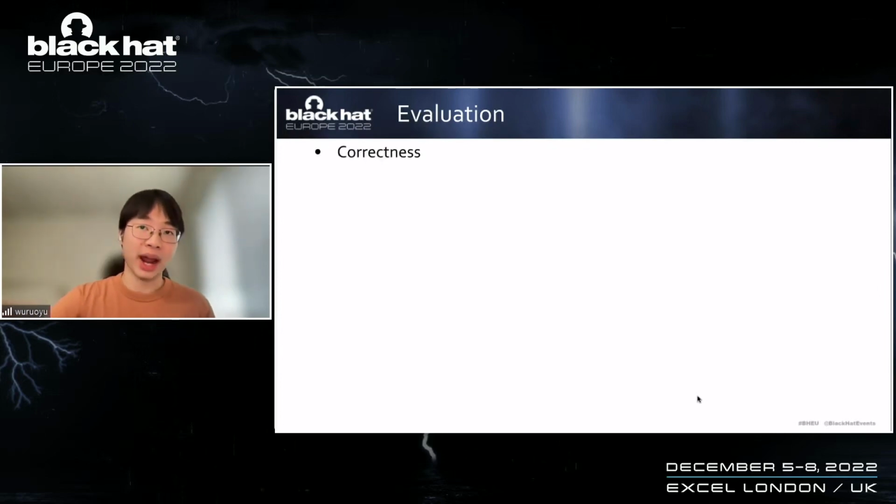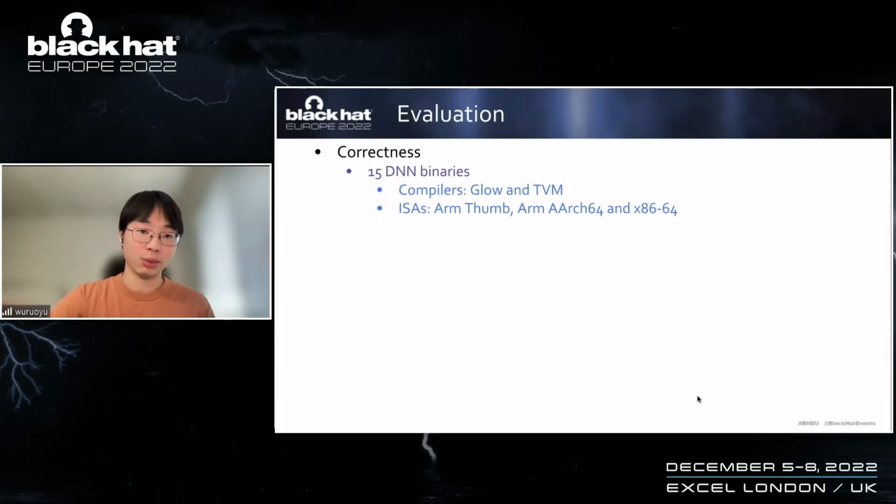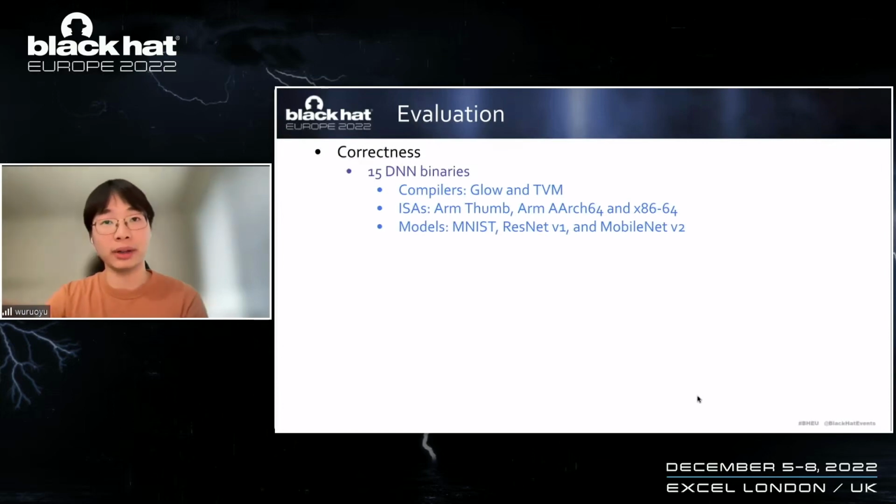Then we evaluate the correctness of our system by checking if it can decompile a DNN binary and generate a DNN model equivalent to the original one. We test with 15 DNN binaries, compiled by two compilers, GLOW and TVM, 3 ISAs, ARM, x64 and x86, and 3 models, MNIST, ResNet version 1, and MobileNet version 2.